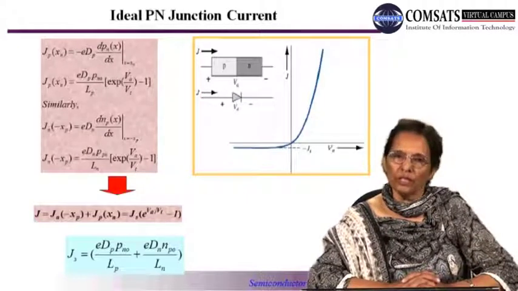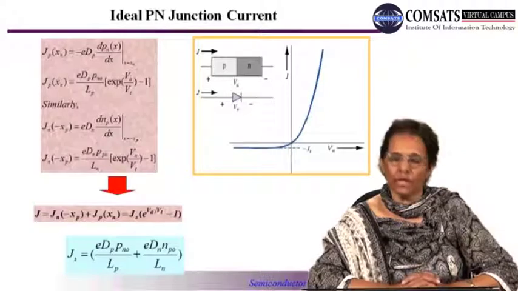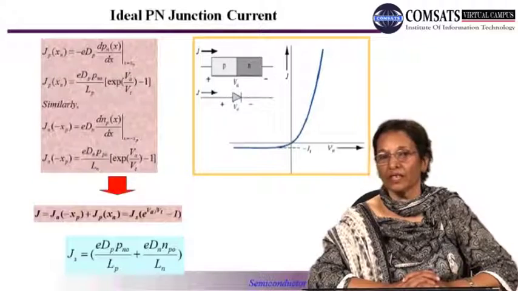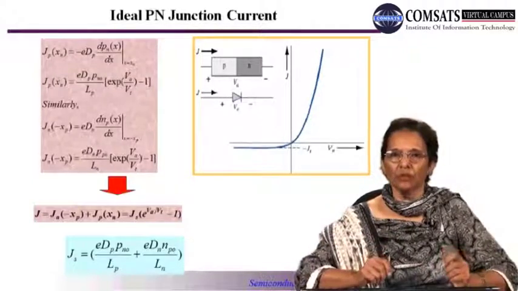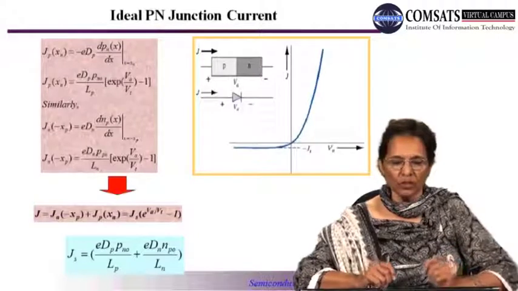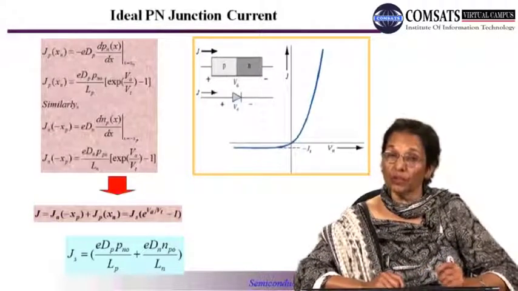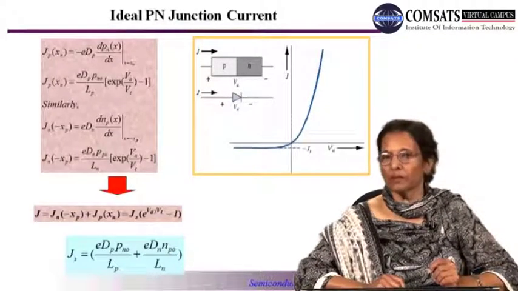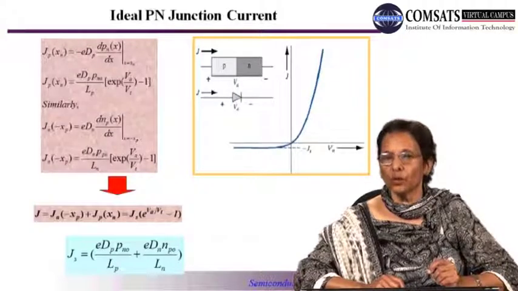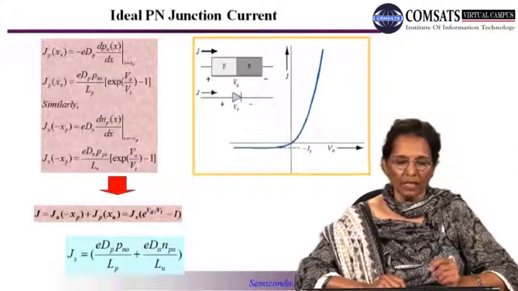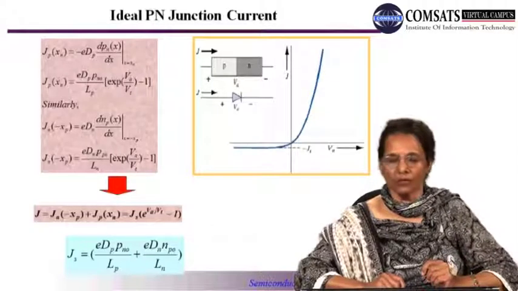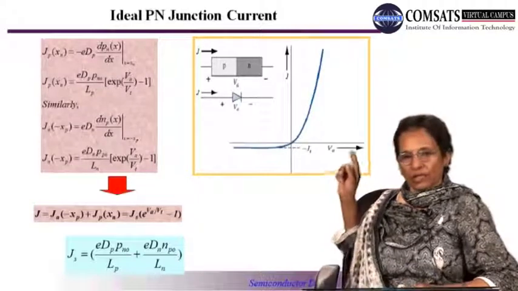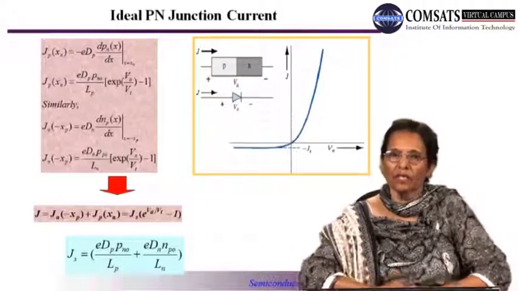So quantitatively you can calculate the current density Jp into the N region at any given point Xn, the amount of current density due to holes, which is a function of the diffusivity of the holes in the N region, the thermal equilibrium carrier concentration of the holes on the N side of the region, and finally the diffusion length L of the holes, and it varies exponentially. Hence you see the qualitative behavior of the current in the white box.